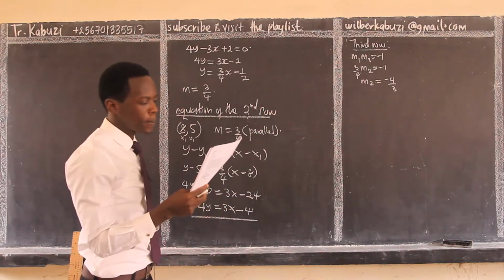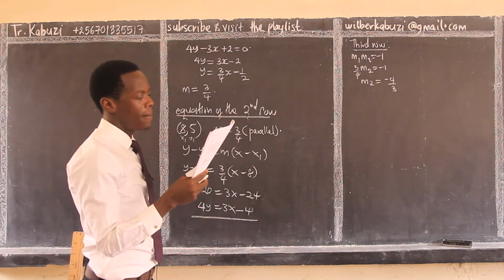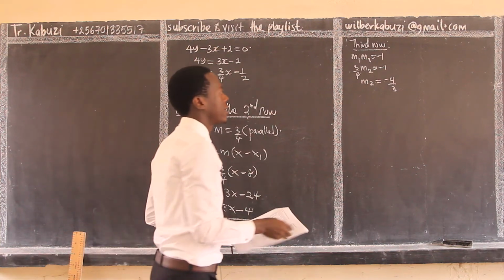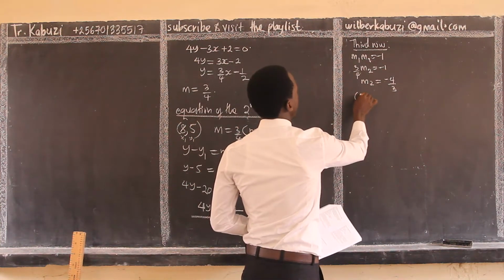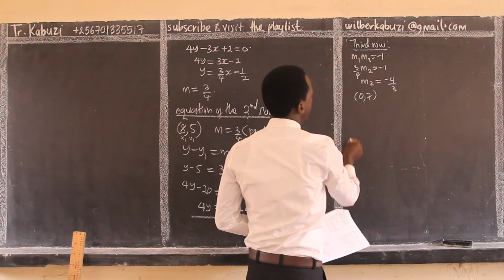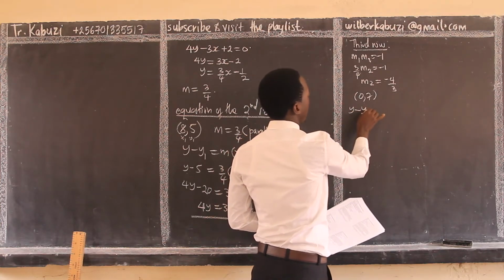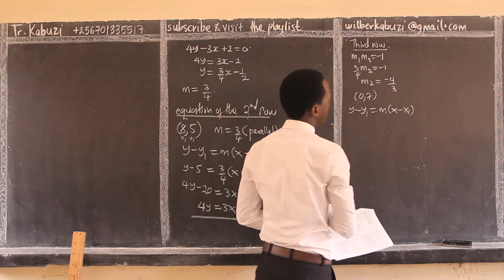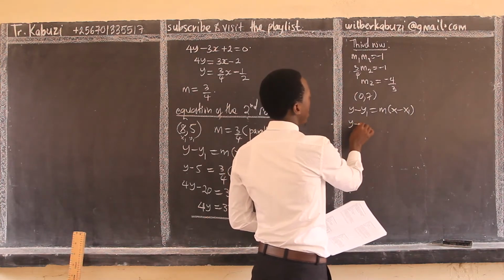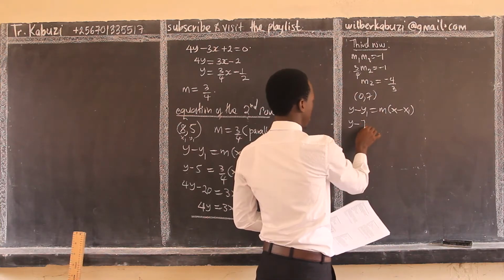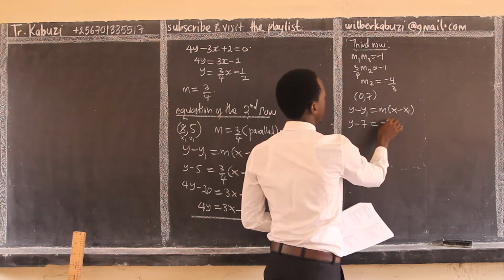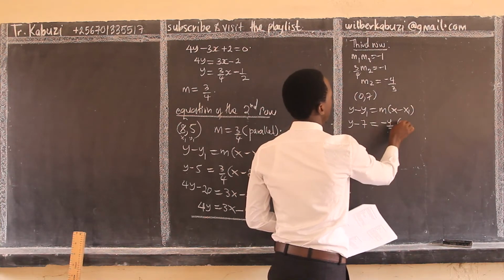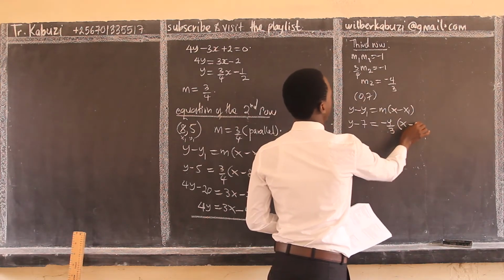Okay, so now I know that, and the third one must pass through the point (0, 7). Still we say y minus y1 equals m into x minus x1. So my y minus 7, my gradient, into x minus 0.